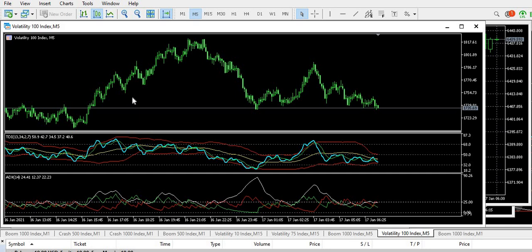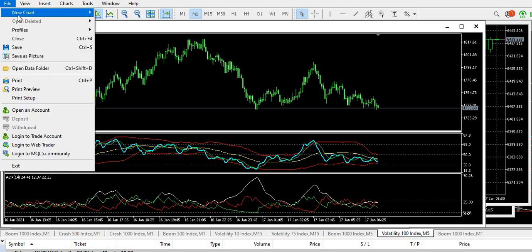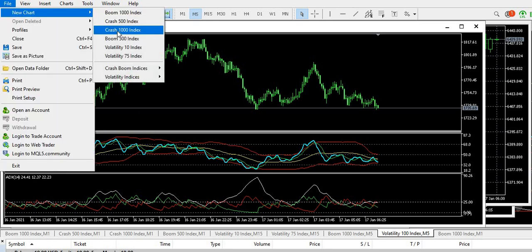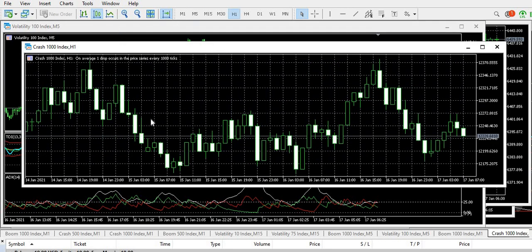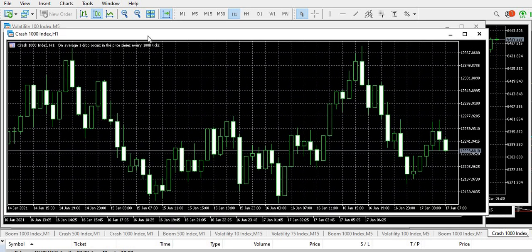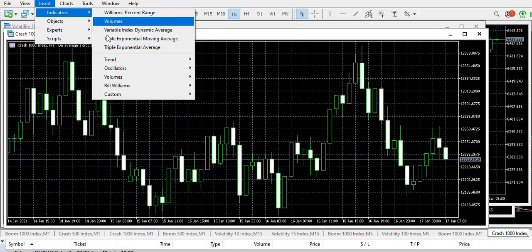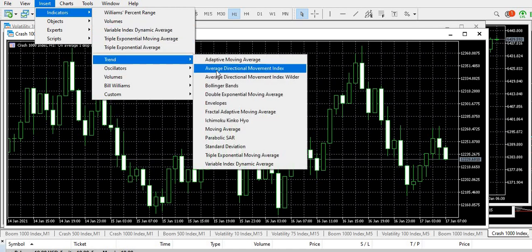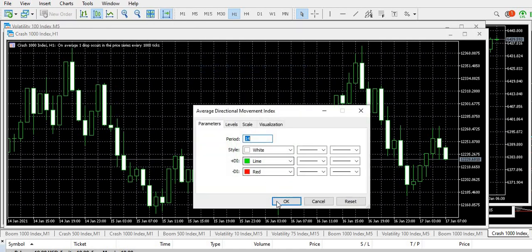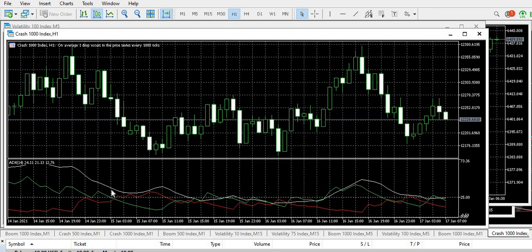Why do I mean 30 minutes and above? Let me just open a new chart of Crash 500. This is H1. Let me just add the indicator: Trend, Average Directional. The settings are still the same.